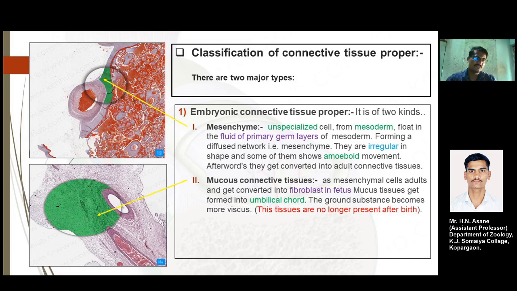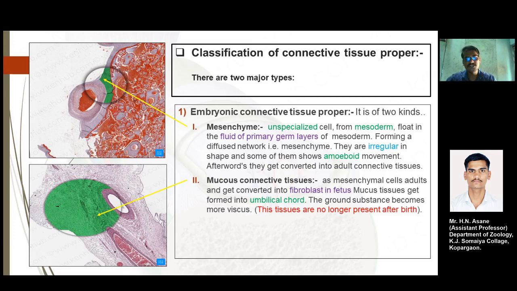Okay, you can see in the picture that this is the slide of the umbilical mucous connective tissue, and below that the red circled part shows the blood cells. You can identify it as a TS of this umbilical or mucous connective tissue.